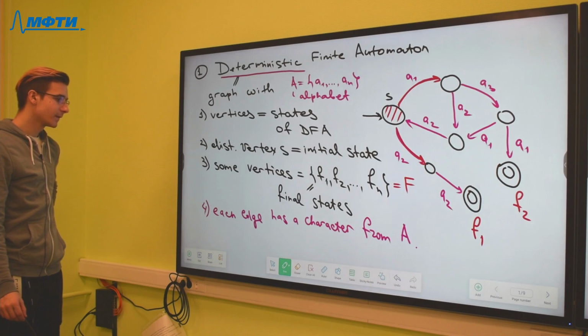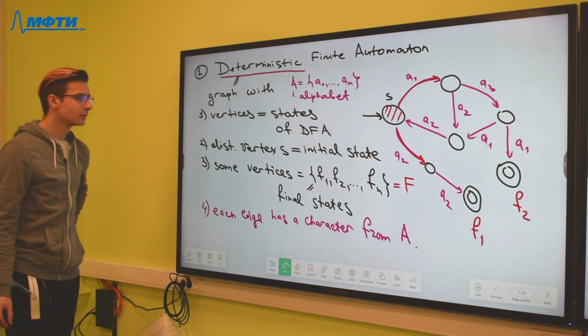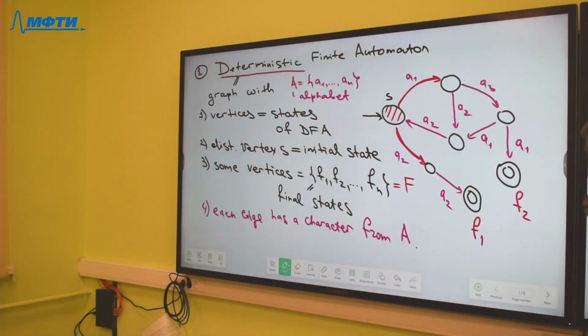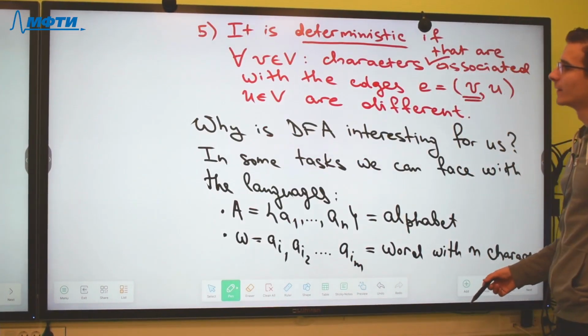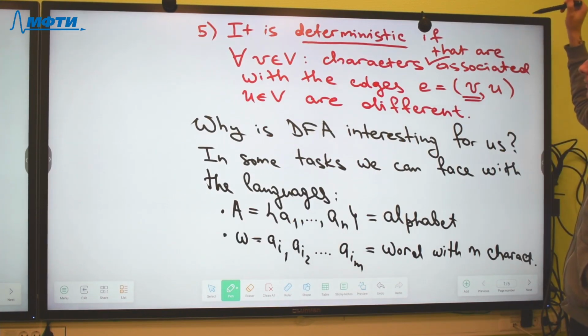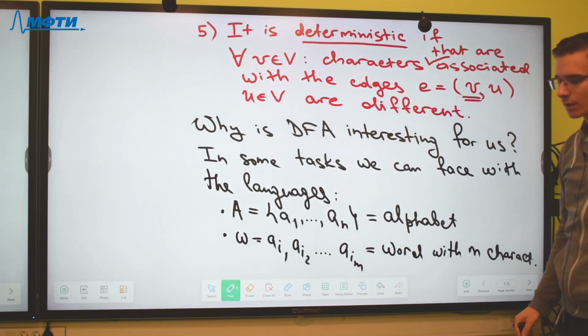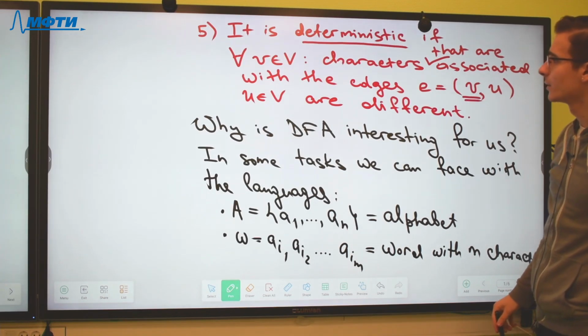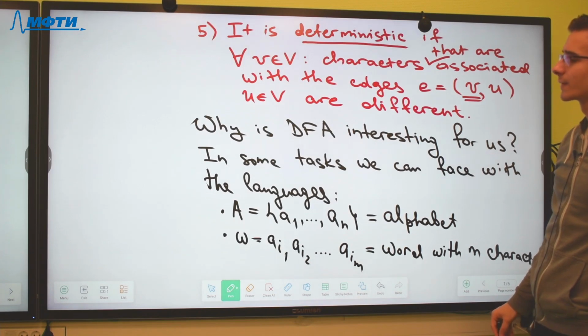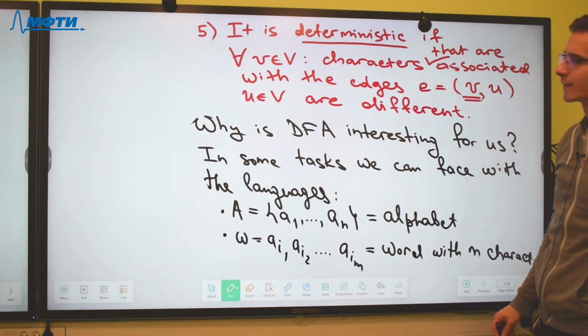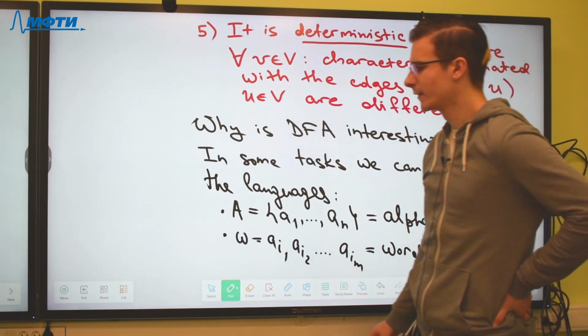I say that it is deterministic if for all characters and for all vertices we can find 1 or 0 edges from this vertex with this character. We cannot find a vertex that has two adjacent edges with the same character.